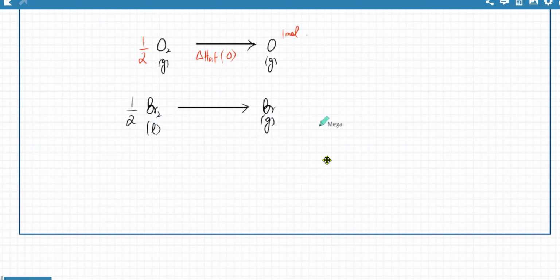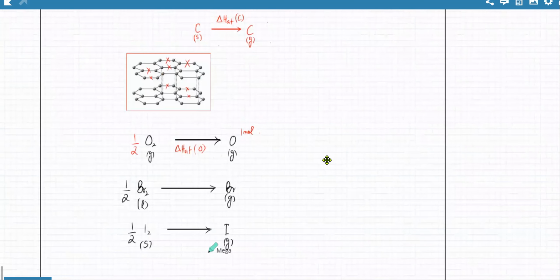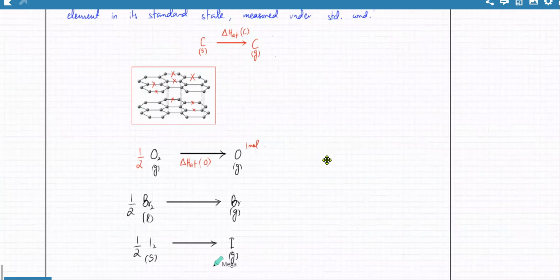If I want to do this for iodine, 1 mole of iodine gaseous atoms would be formed from its constituent element. Now, the elemental form of iodine is I2 at room temperature, and it is a solid, and this would be multiplied by half as well. So just remember, you're just trying to make 1 mole of gaseous atoms from its element.